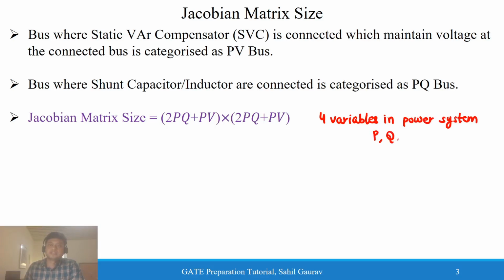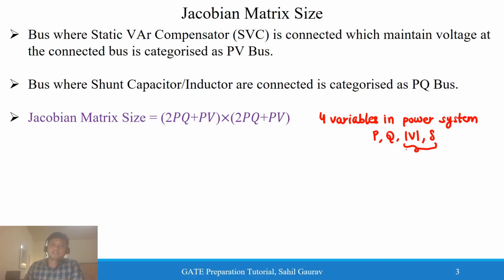P, Q, and the voltage magnitude and phase angle. If we know the voltage magnitude and phase angle, then you can determine the active and reactive power flow.